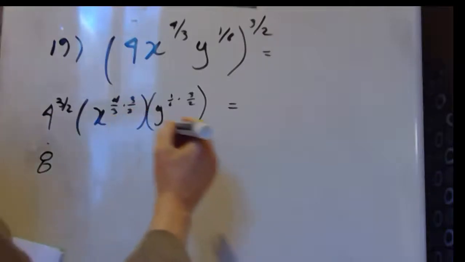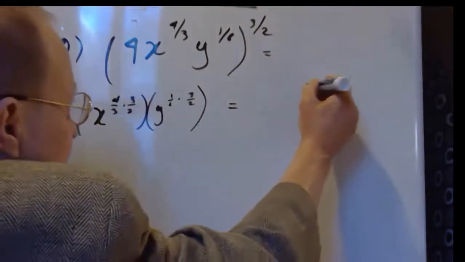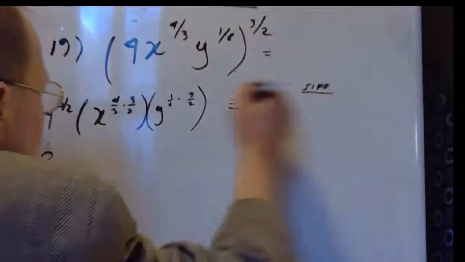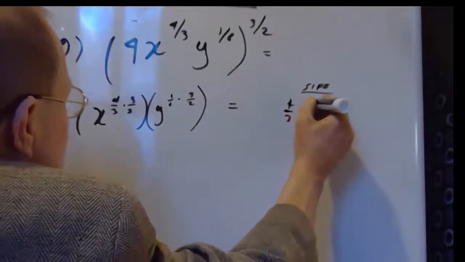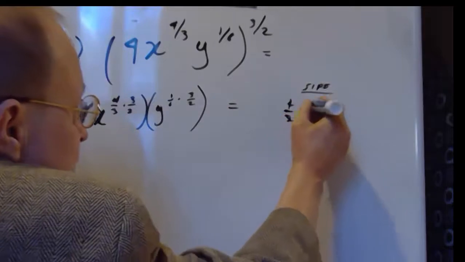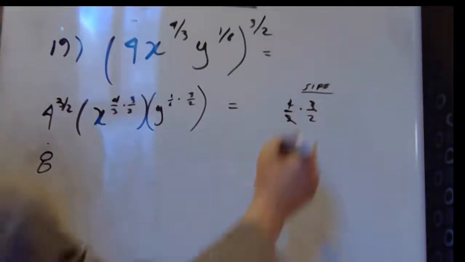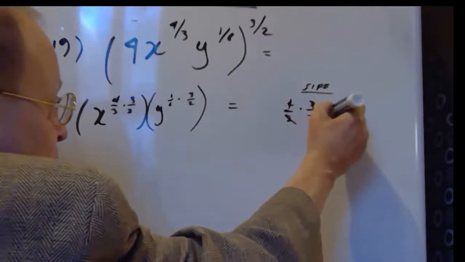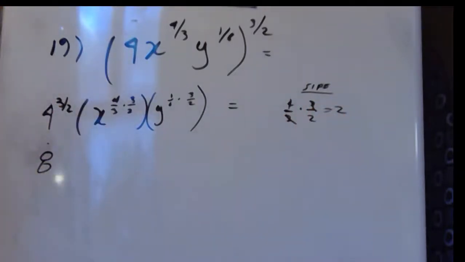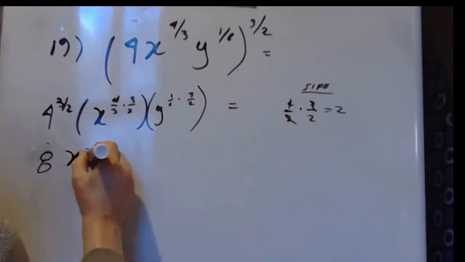Here, I'll do on the side the arithmetic for the power. So we have 4/3 times 3/2. 2 goes into 4, and we're left with 2. So that gives us x squared.